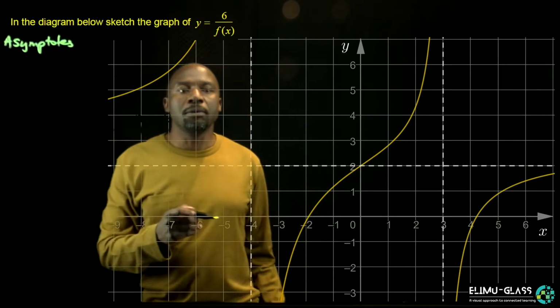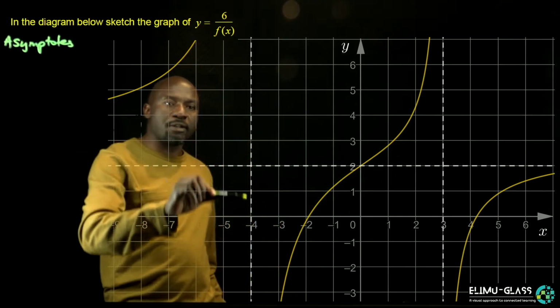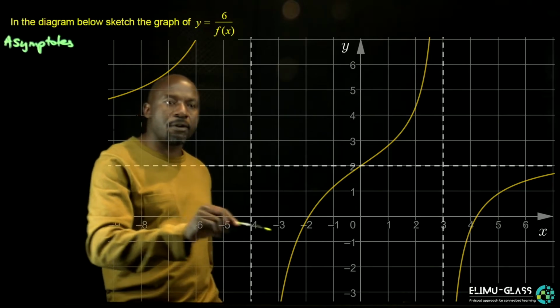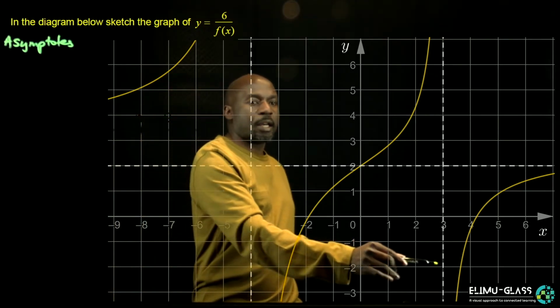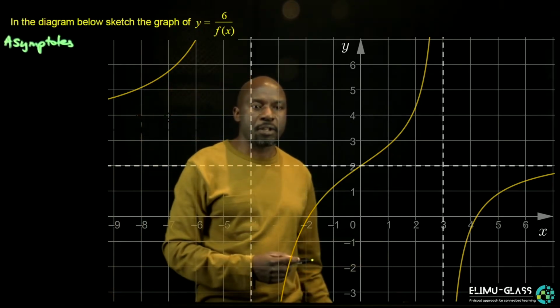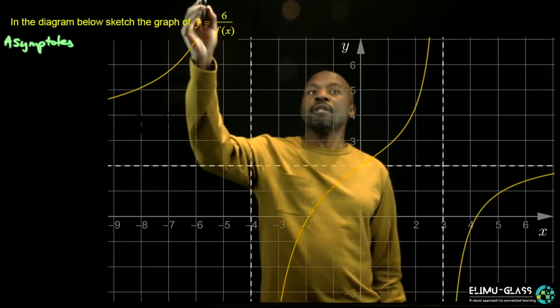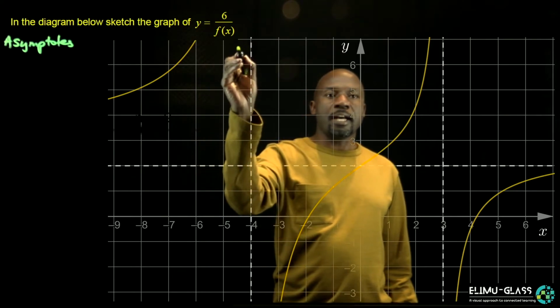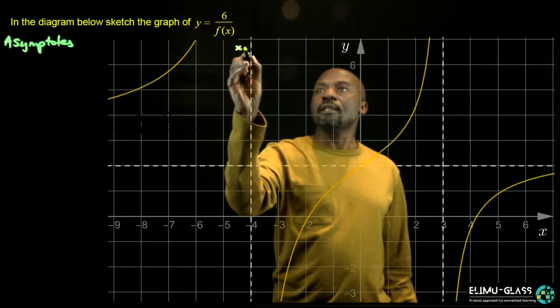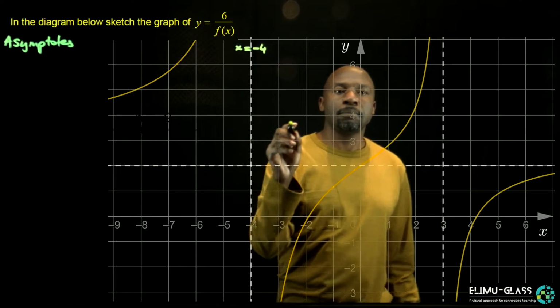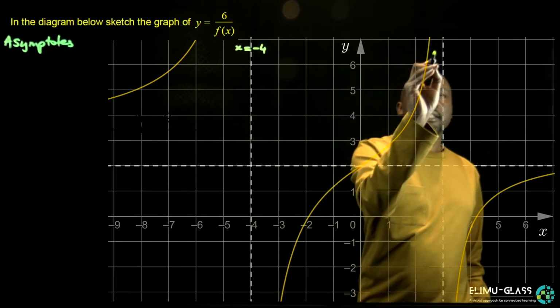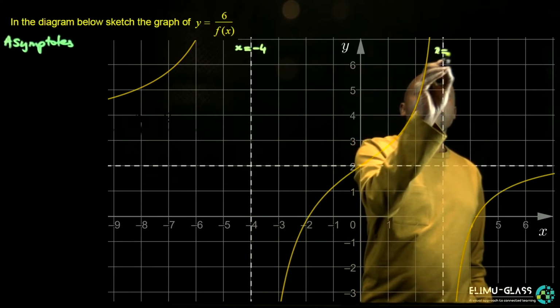At the values x equals negative 4 and x equals 3 are vertical asymptotes. So this is the line x equals negative 4, and this here is the line x equals 3.